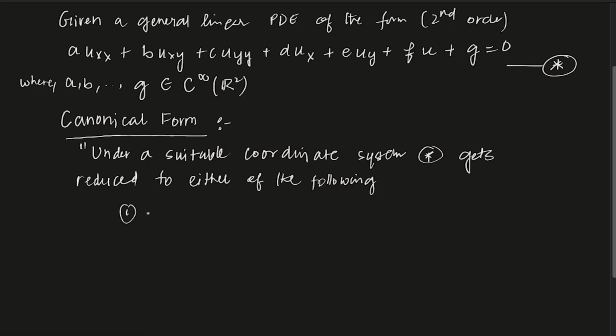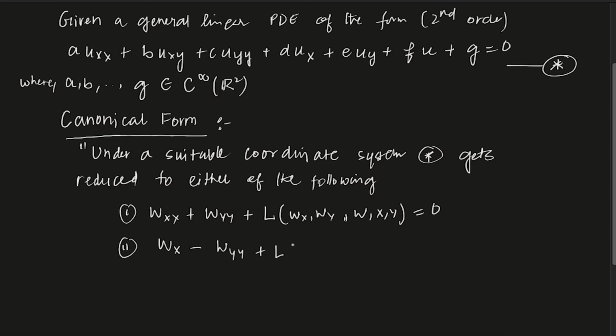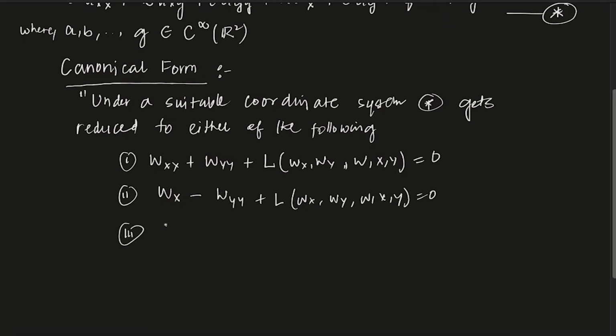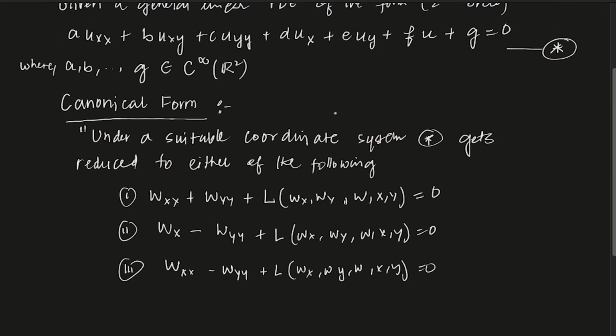It is either w_xx plus w_yy plus some lower order terms containing w_x, w_y, equals 0, or w_xx minus w_y plus lower order terms equals 0, or number 3, w_xx minus w_yy plus some lower order terms. The canonical form does not change the nature of the equation.